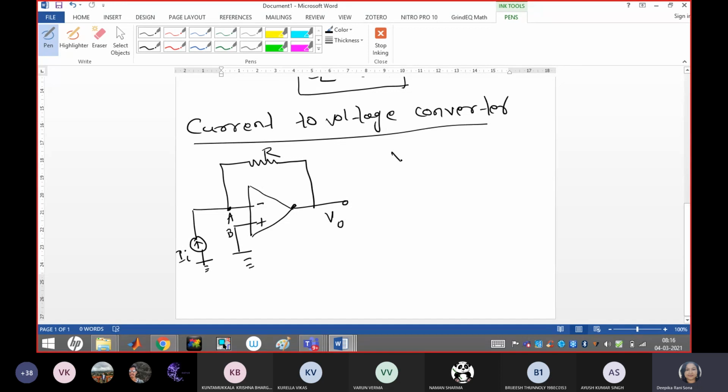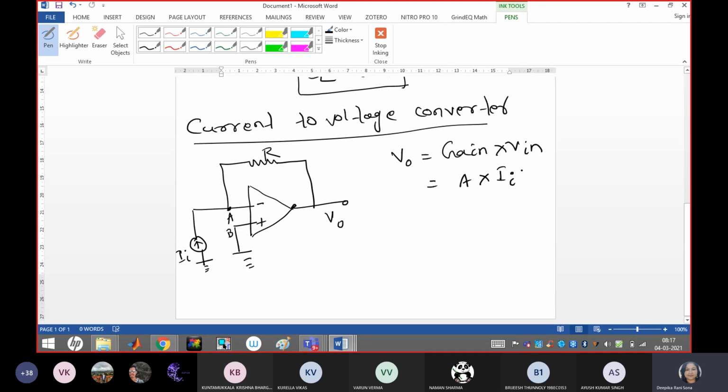So let's see how we place the relation, how we make V naught proportional to II. Actually we can rewrite V equal to IR, right? Because we don't have V in now, we can rewrite V naught equal to gain into V in. Generally we write gain into V in. So here gain is available but V in is not there, we have to write I in.